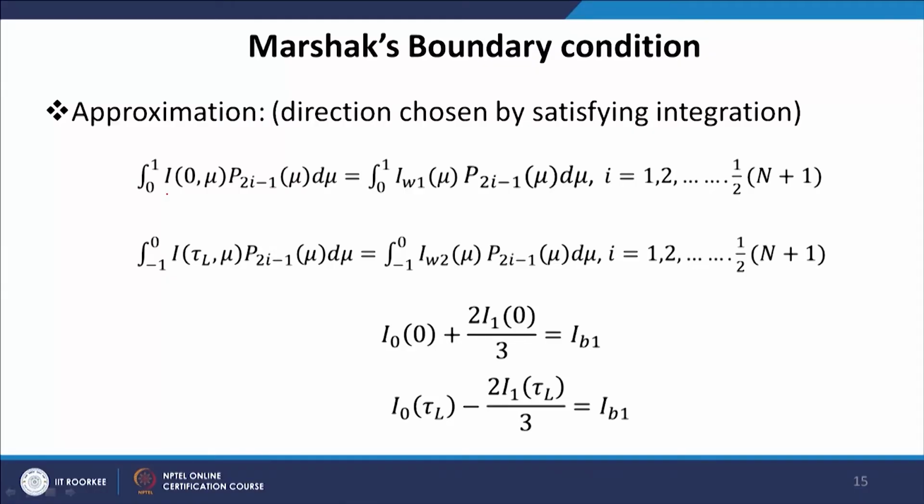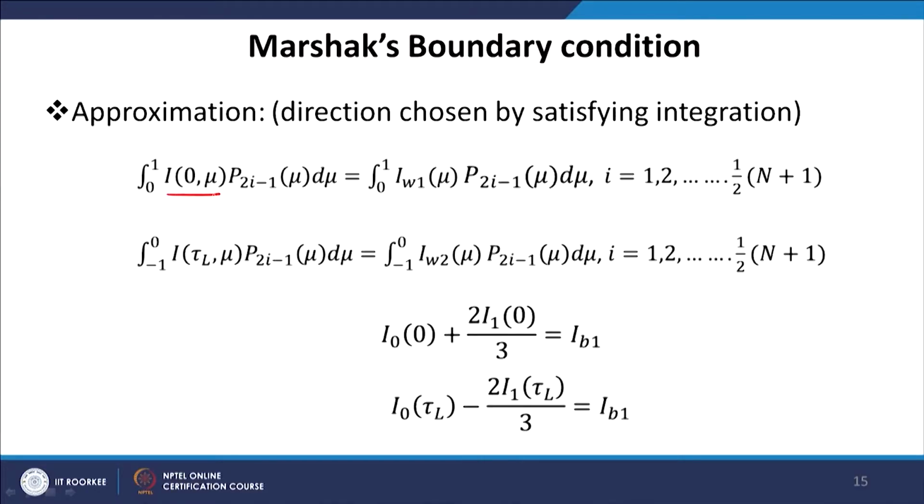The other concept in boundary conditions is given by Marshak. What Marshak argued is that instead of representing boundary intensity in a discrete direction as was given by Mark, we should satisfy the wall intensity at the boundary in an integral sense.